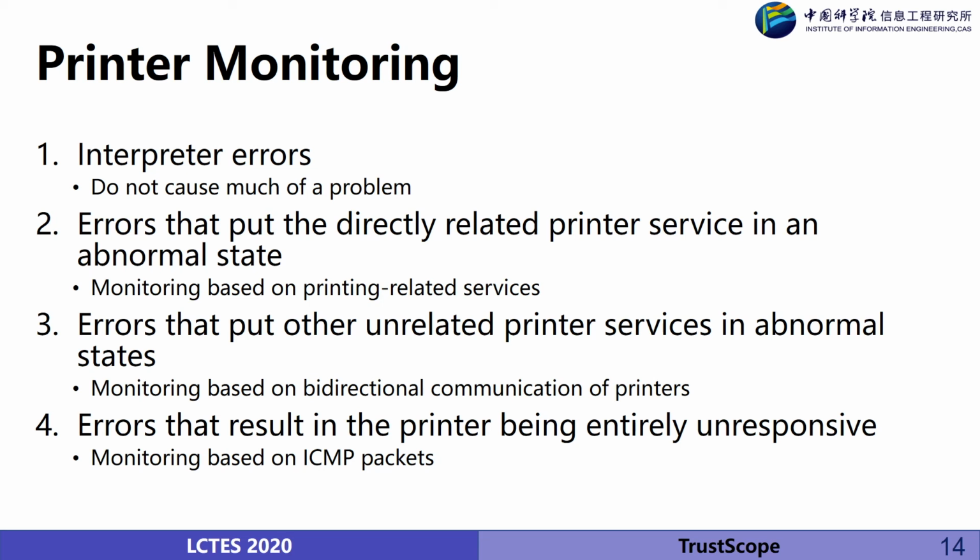Prior approaches for testing IoT devices only detect limited exception levels. In order to achieve effective and comprehensive monitoring of the printer at different granularities, we have designed 3 monitor strategies based on printer characteristics. For second level exception, we present monitoring based on printer related service. For third level exception, we present monitoring based on bidirectional communication over the printer.